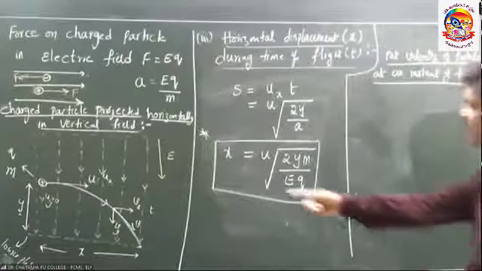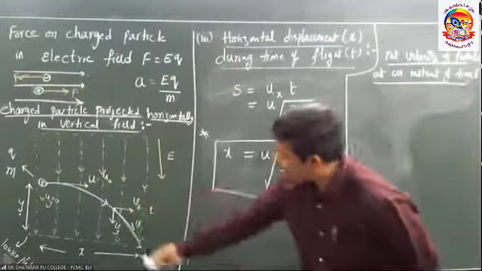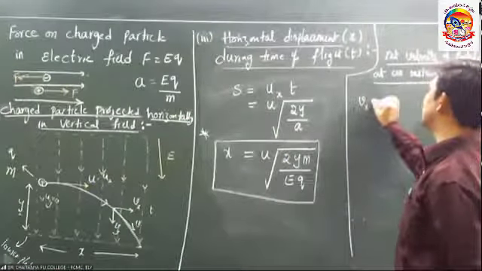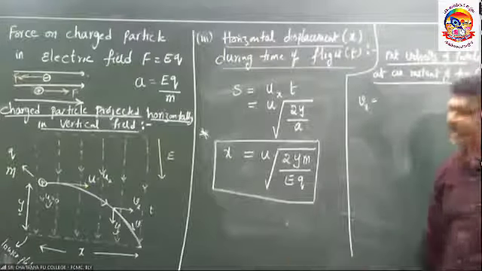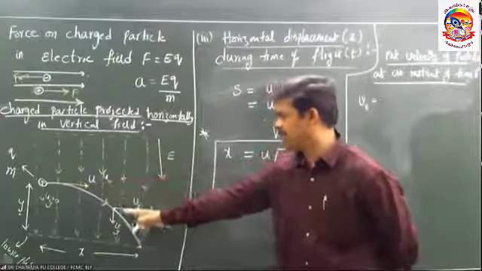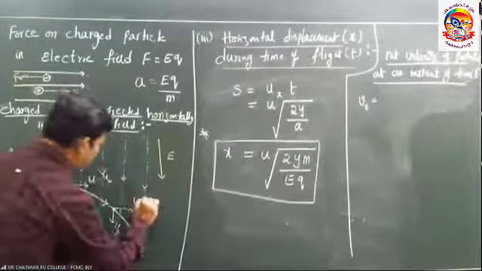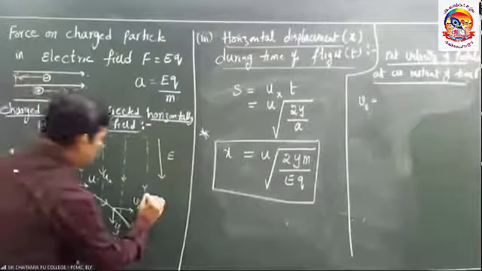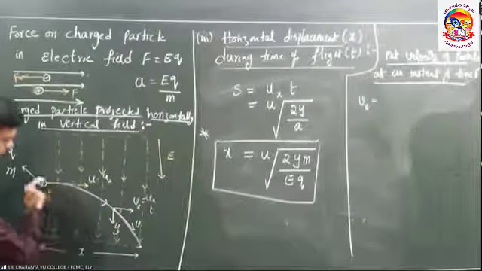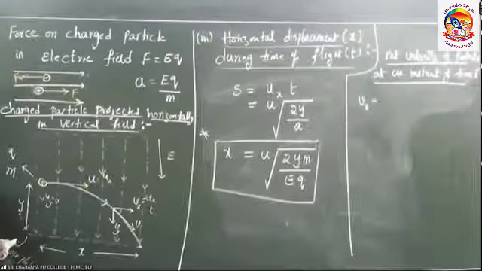See here, if we want to find it, we need Vy, we need Vx. What is Vx? Final velocity in the horizontal direction. In the horizontal direction, there is no acceleration, so final velocity is equal to initial velocity itself. There is no change. Already in first year, you studied that whenever a particle is projected horizontally, while it is moving in a parabolic path, there is no change in its horizontal velocity.